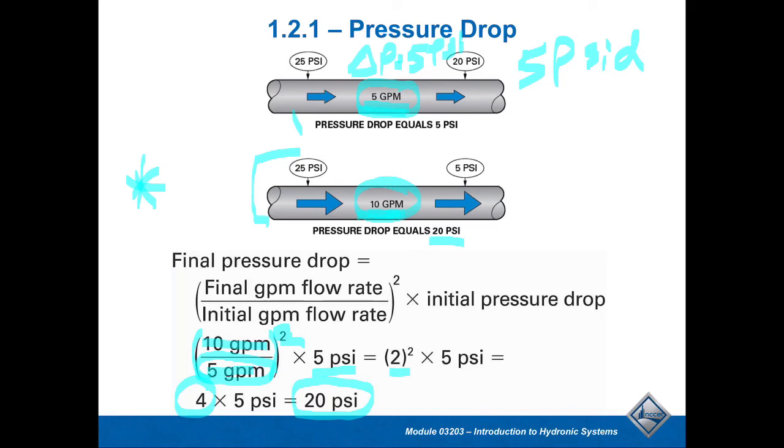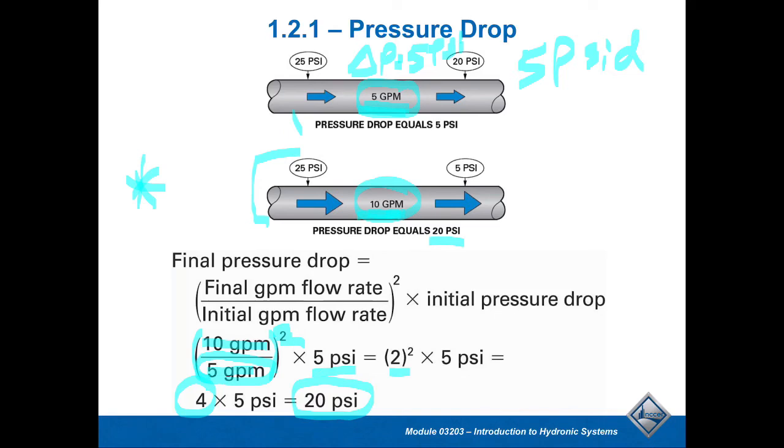Now let's specifically put that into meaning. The chances of me going to a system with a specific pump and saying, I'm going to double the flow rate in this system, it's almost impossible, because that would mean my circulating pump, which is overcoming this resistance, would need to quadruple the initial pressure drop.